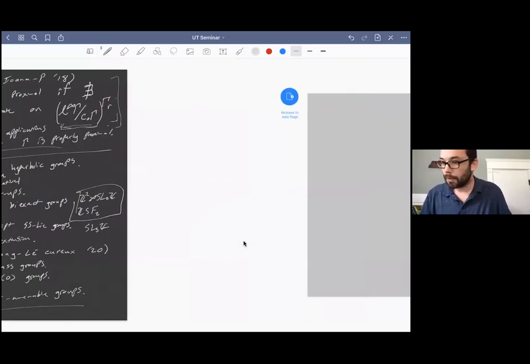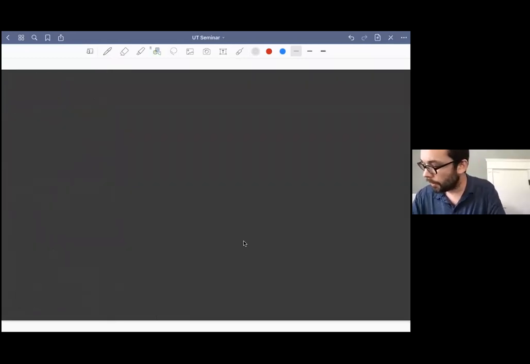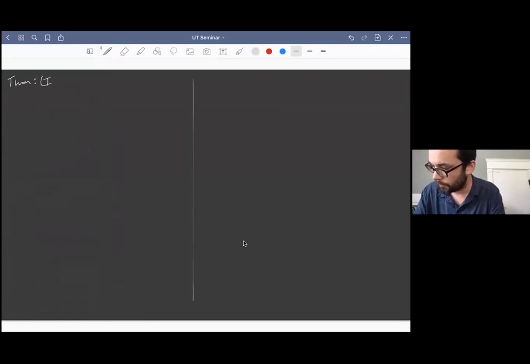Now, this relates to our project in that we have the following theorem: proper proximality is a von Neumann equivalence invariant.